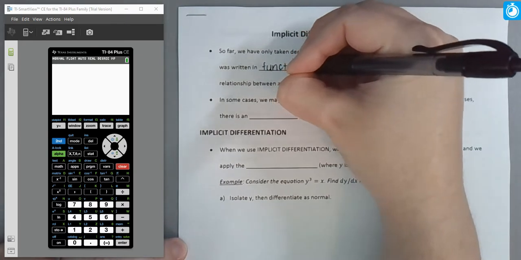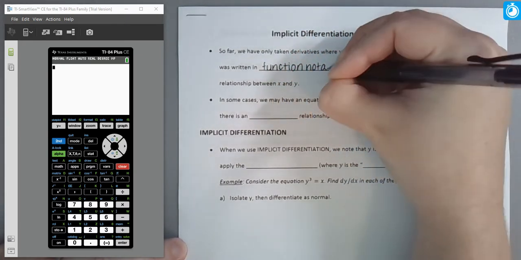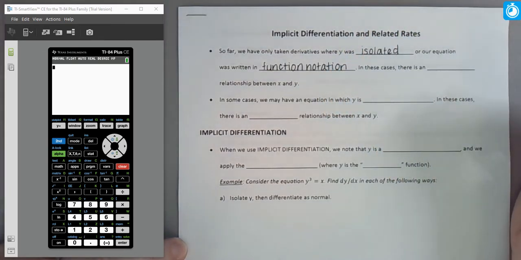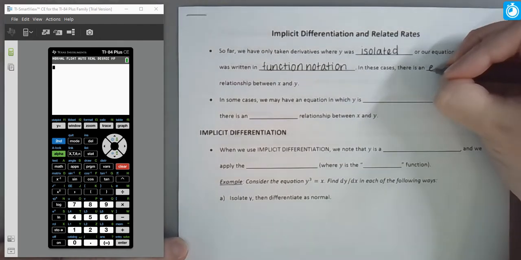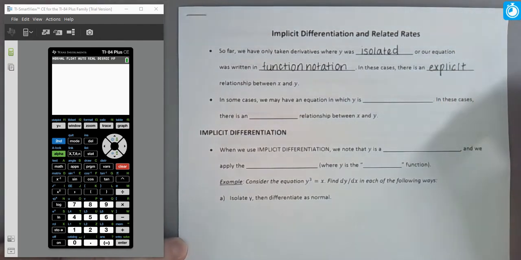So f of x is equal to some expression involving our input variable x. So in these cases, we have what we refer to as an explicit relationship between x and y.